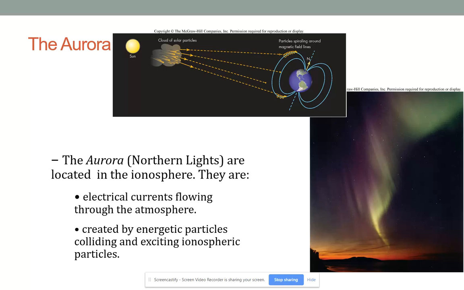But because the sun's mass is like 2 times 10 to the 30th kilograms, it doesn't care. The amount of mass that the sun loses is enormous compared to us, but it's minuscule compared to the sun. So it has this mass that's being blown away from it constantly. And so we constantly have this cloud of solar particles, the cosmic wind, that's striking the Earth.